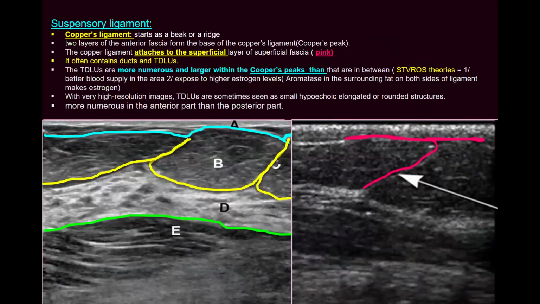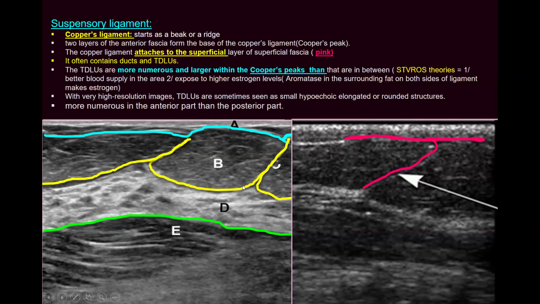Again, Cooper ligaments, the suspensory ligaments, are really important while scanning. We have to know more and more about these ligaments. As we mentioned before, it starts as a peak or a ridge, two layers of the anterior mammary fascia.